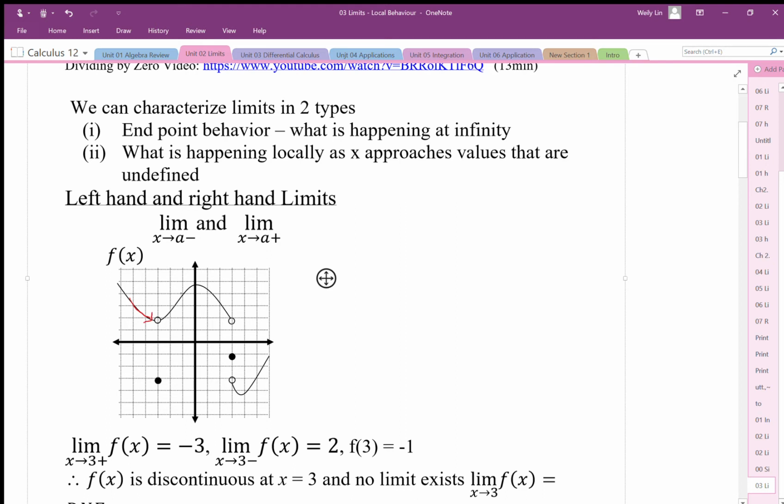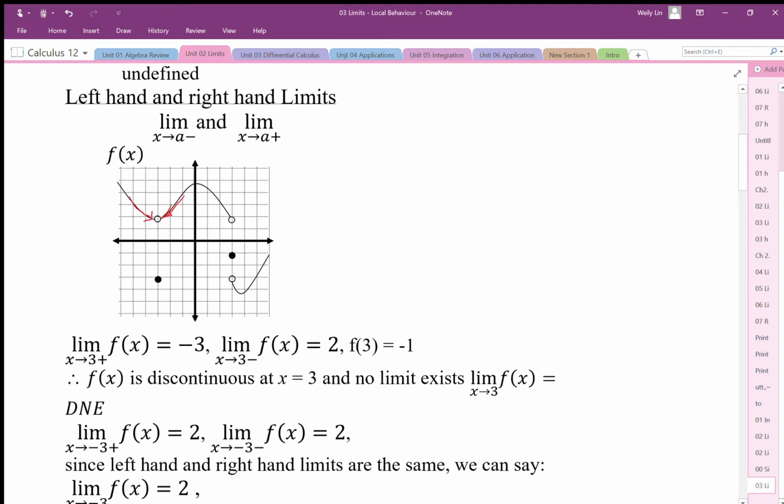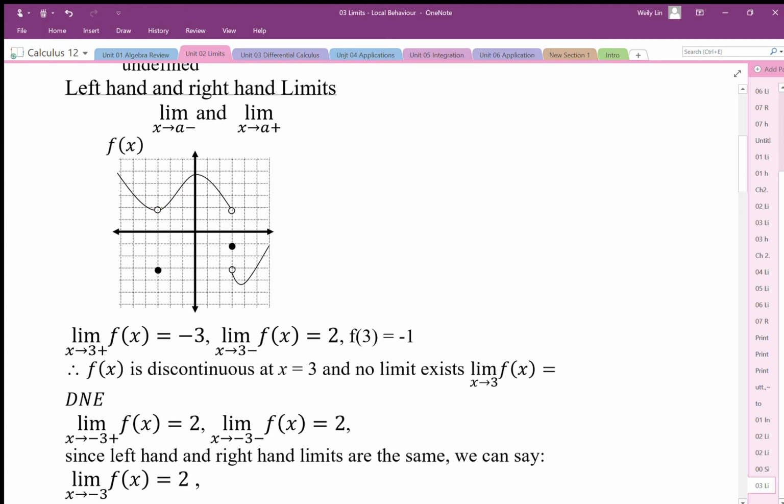So as x approaches, in this case, -3, or we're going to look at x approaches +3. So as x approaches +3 from the positive side, we have these left and right hand limits, and these tell us different things.